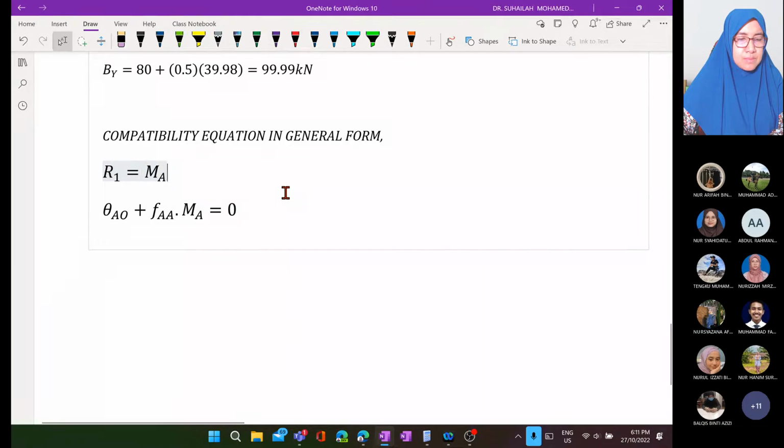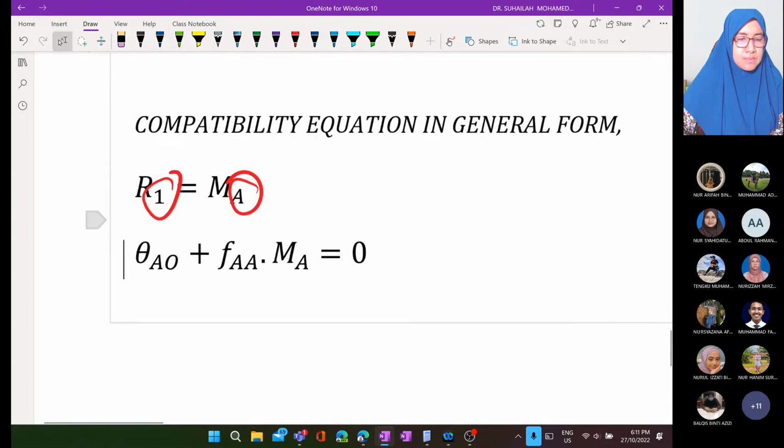So to have the general form, we will translate the A symbol to 1. All A change to 1. Means that wherever there is A in this compatibility equation, we will change to 1.